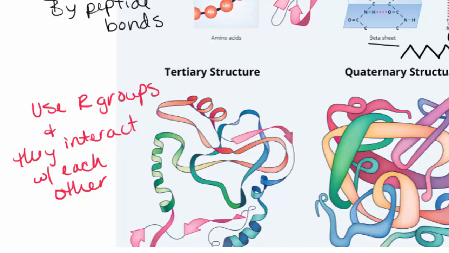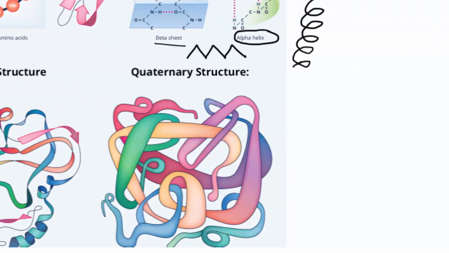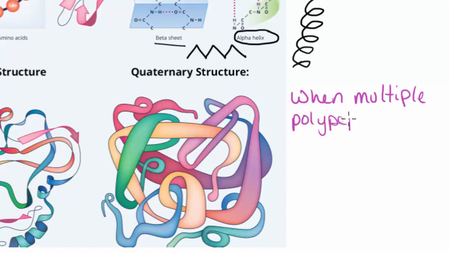So they will only have the first 3 levels, and they will then have their perfect shape, they're folded, they're going to be functional. In a few cases, there are going to be multiple polypeptides that need to individually fold, and then they need to assemble together. And that's what the quaternary structure is. The quaternary structure is going to be when multiple polypeptides fold up, and by fold up, we're talking about them going through the primary, secondary, and tertiary structure.